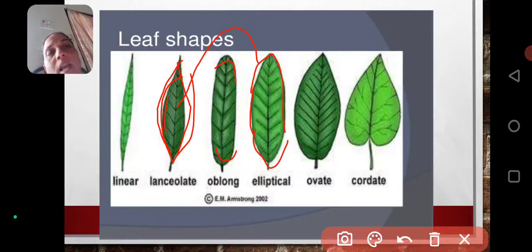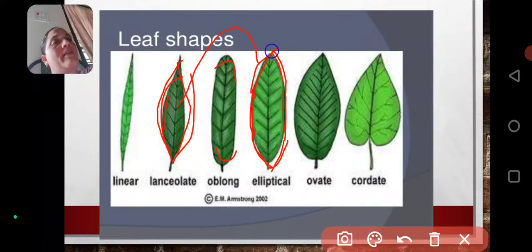But in elliptical it is not like that. The middle part continues for a few inches or centimeters, then gradually decreases toward the tips. Okay, so this is called elliptical.